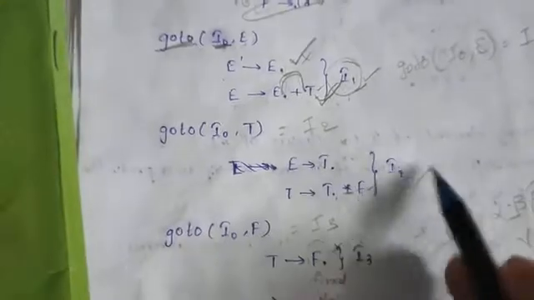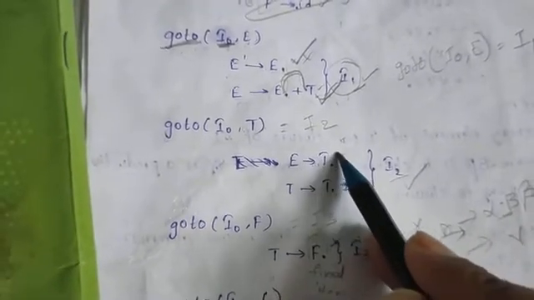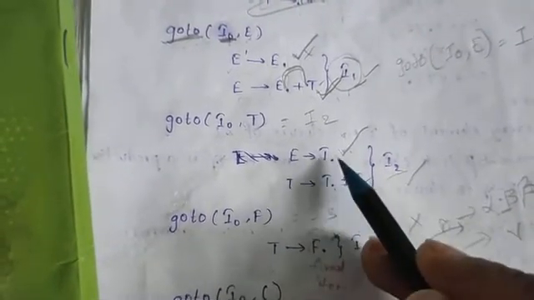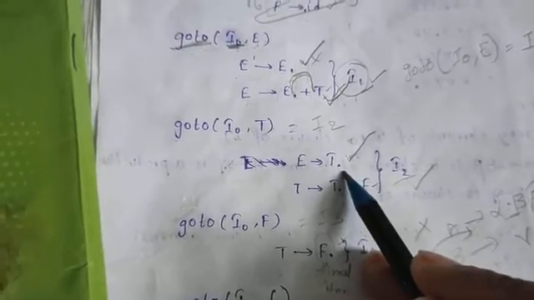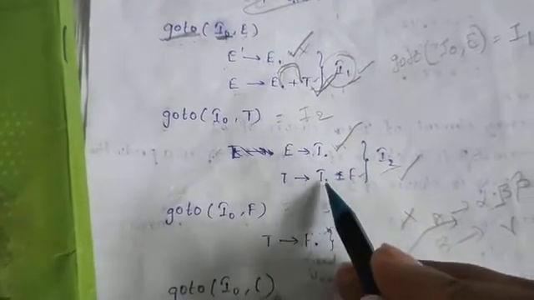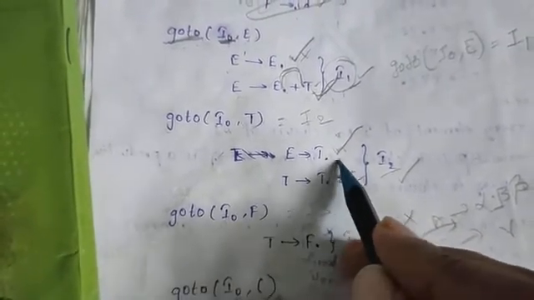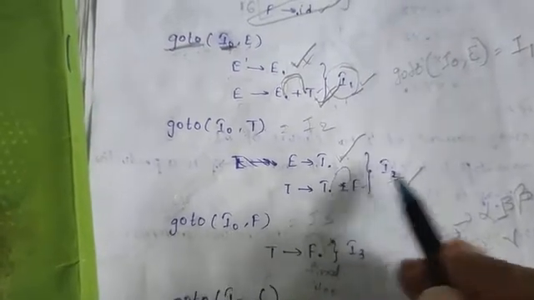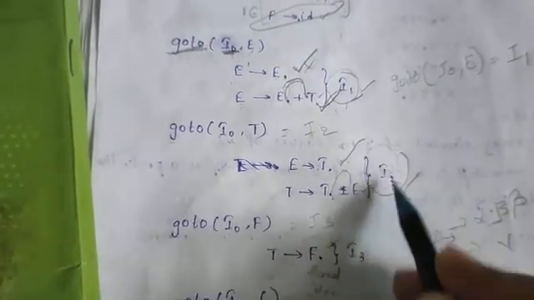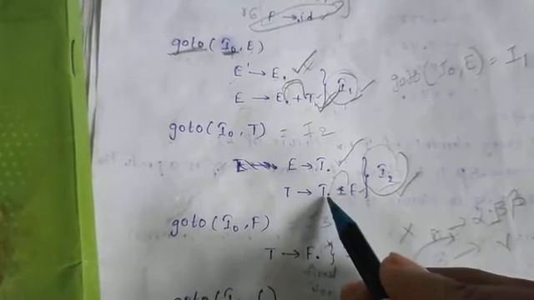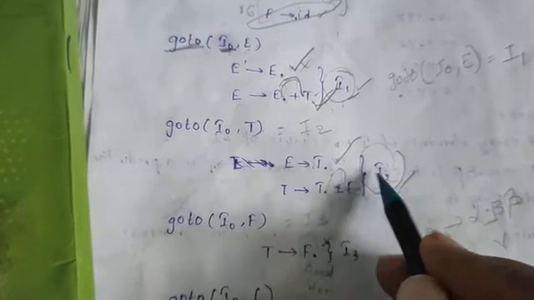Then after that we'll go for I2. In I2, the dot has reached the end of the production, so no need to do anything for that one. Again here the dot will be moving by star in I2.